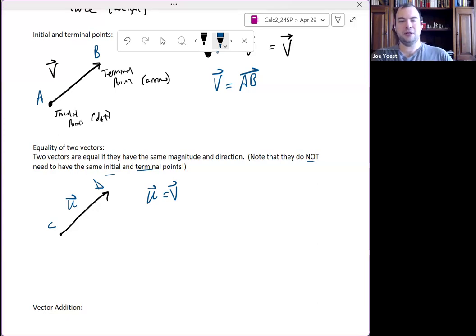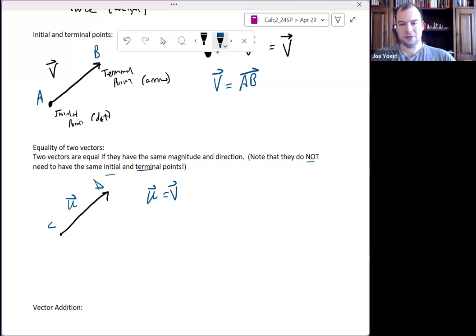U starts at C, V starts at A, U ends at D, V ends at B, but they're the same vector. This is a really important idea of vectors, that it's not the initial and terminal points that determine whether two vectors are the same, it's the magnitude and direction. So I can pick a vector up and move it around, and it's still the same vector. It's still equal, even if I move it in space, as long as it has the same magnitude and direction.